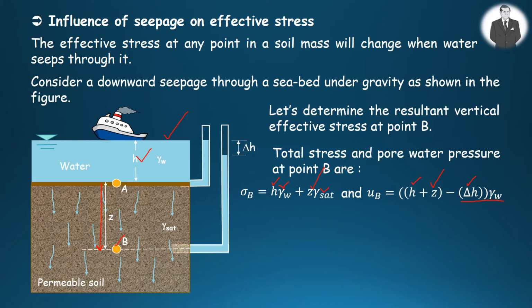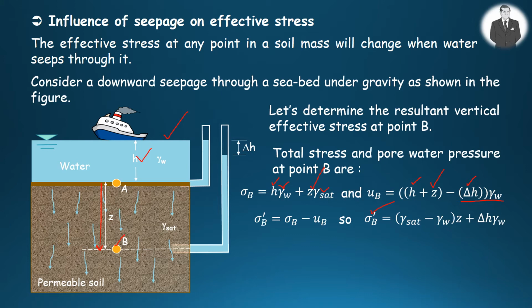If you don't have any information about seepage and Darcy's law, please watch my earlier lectures on my YouTube channel. Now, the effective stress at point B will be the difference between total stress and pore water pressure.